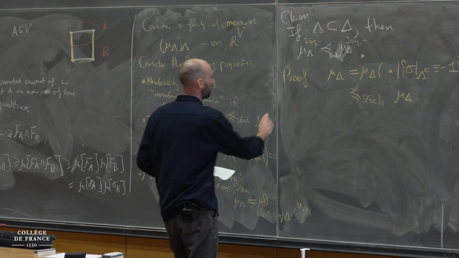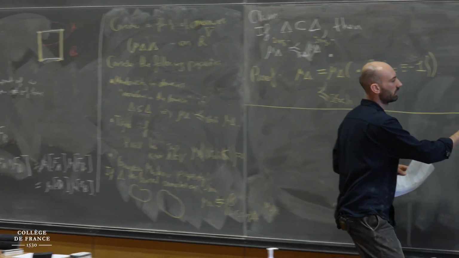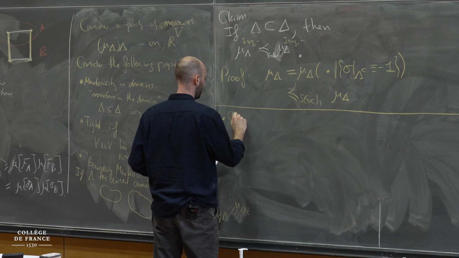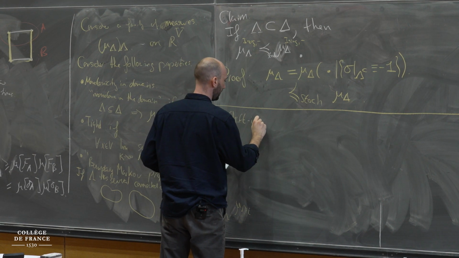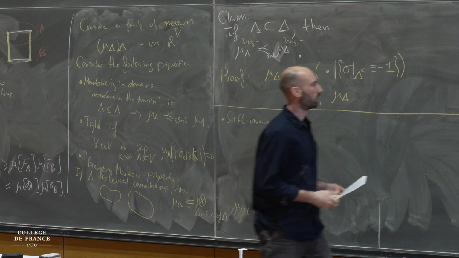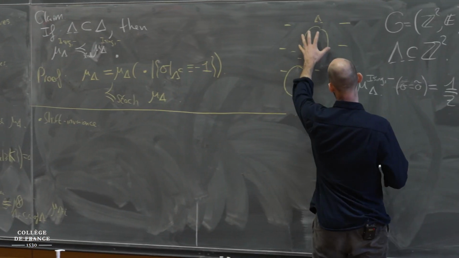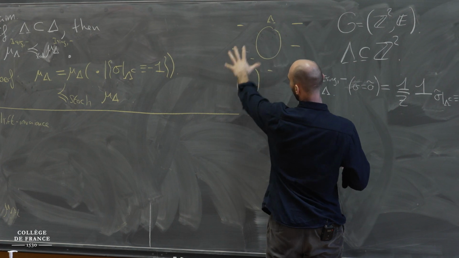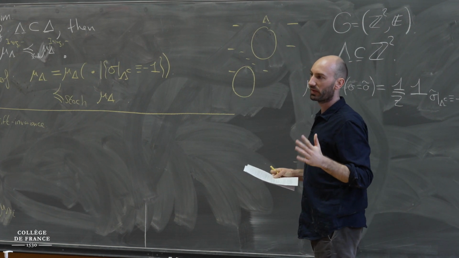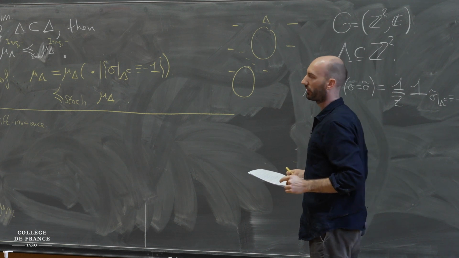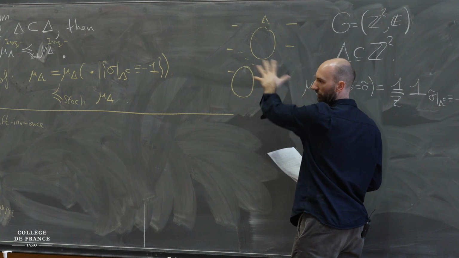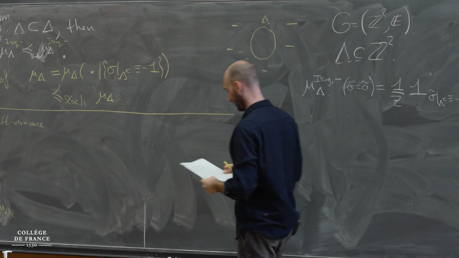And finally, what is the fourth property? It's shift invariance. What does shift invariance mean? It just means in this whole definition of the Ising model, for example, or in the height function, we didn't define the model differently in different places. So if I shift my domain 10 to the right, it's just like moving the function 10 to the right, but nothing else.